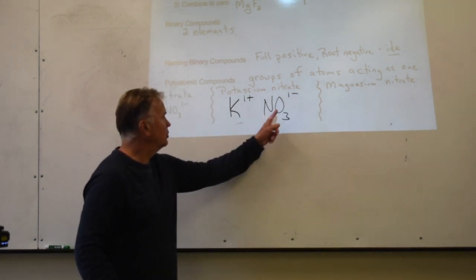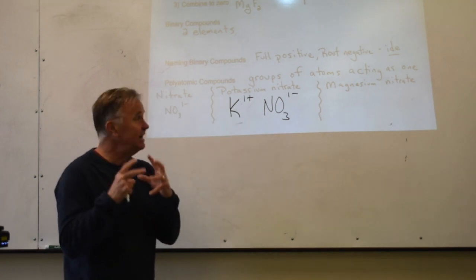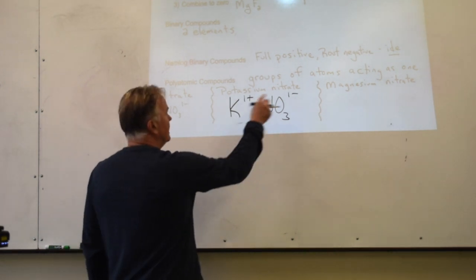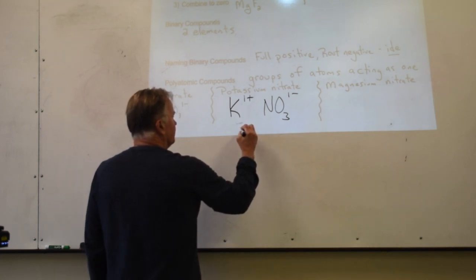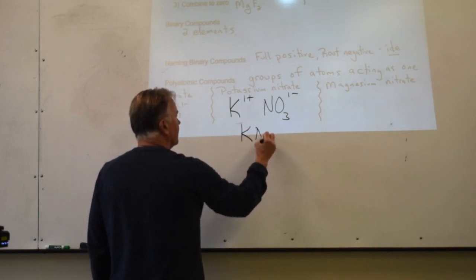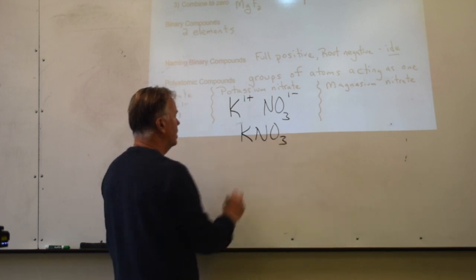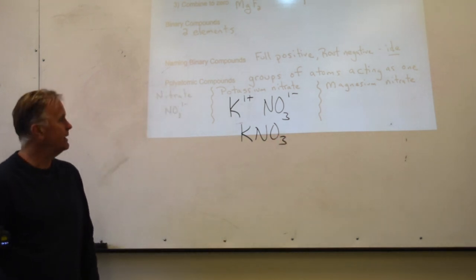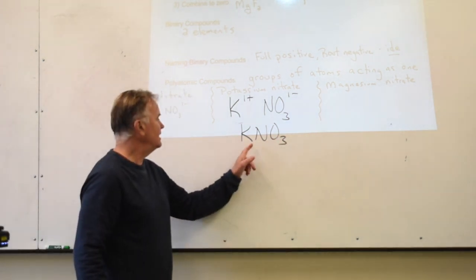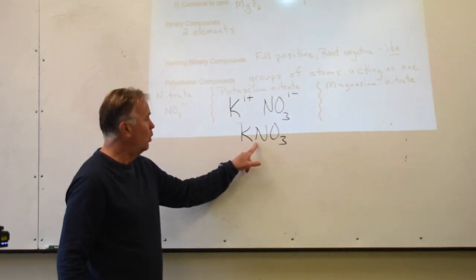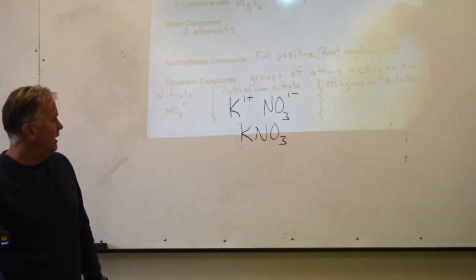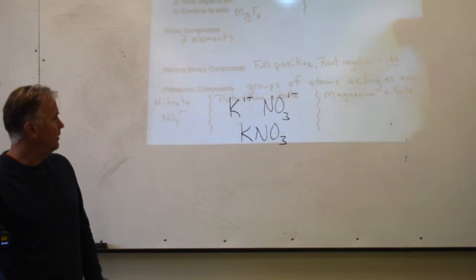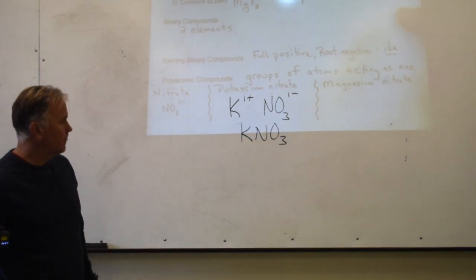Again, there's a total of 4 atoms here, but they act as one. It's the same rule: you have to add these up so the sum is 0, so it would just be KNO3. 1 potassium; if it's a 1, it's assumed. That would be potassium nitrate.